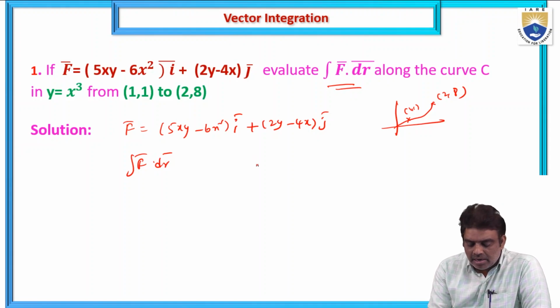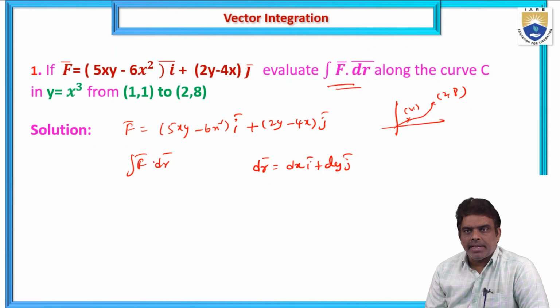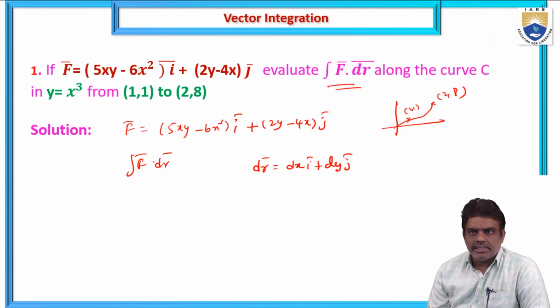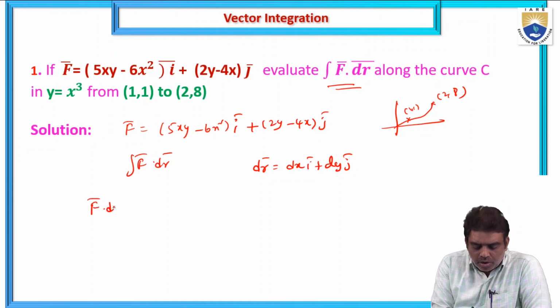So what is dr bar? Dr bar is dx i bar plus dy j bar, because the curve is defined in the xy plane, so it does not contain any z term. If z were also there, then dz into k bar. Then what is f bar dot dr bar?